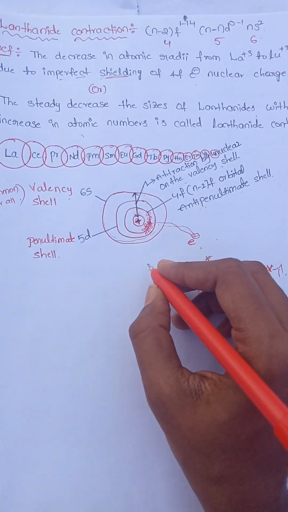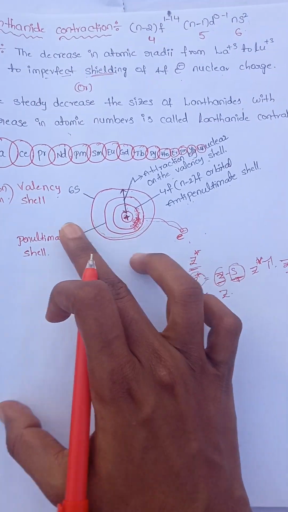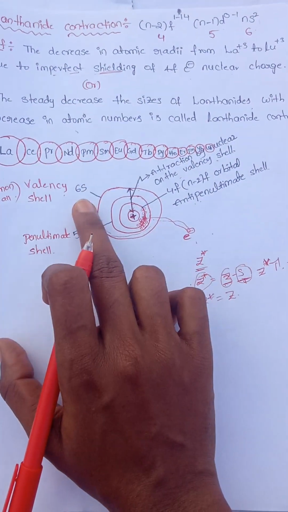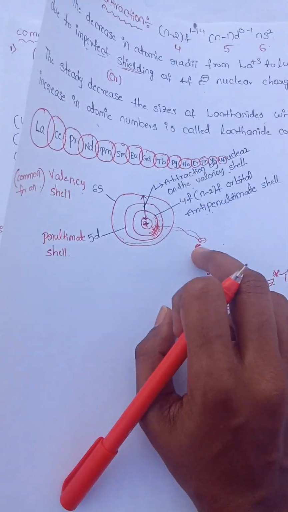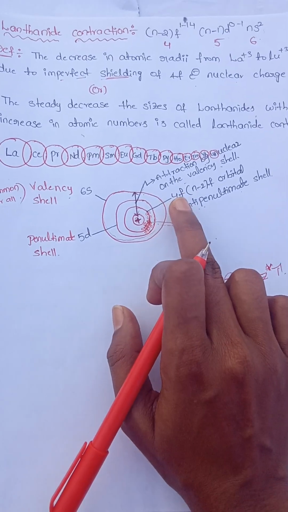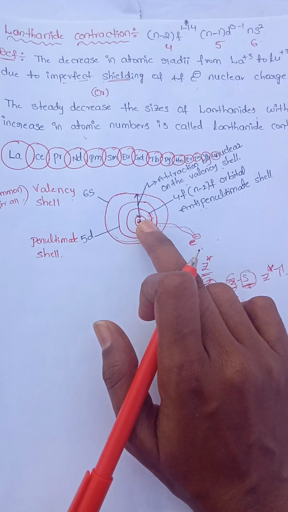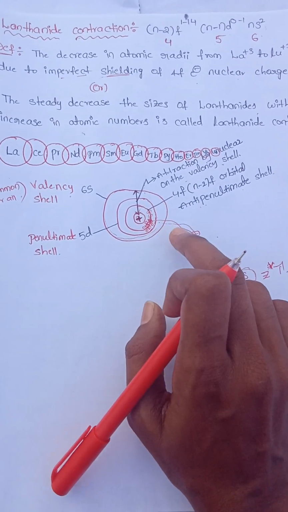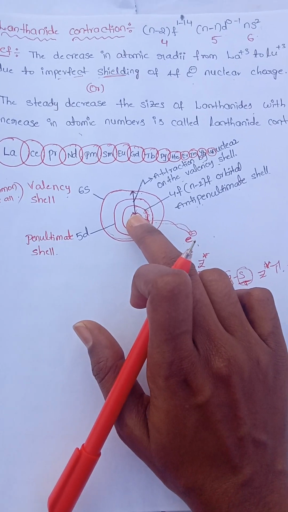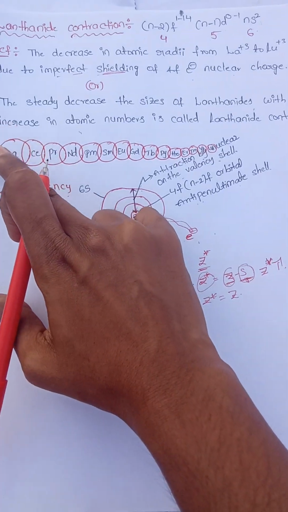So here, when electrons enter into the antipenultimate shell, that means f electrons, all the electrons enter into the antipenultimate shell in the f block. In lanthanum there are no f electrons.